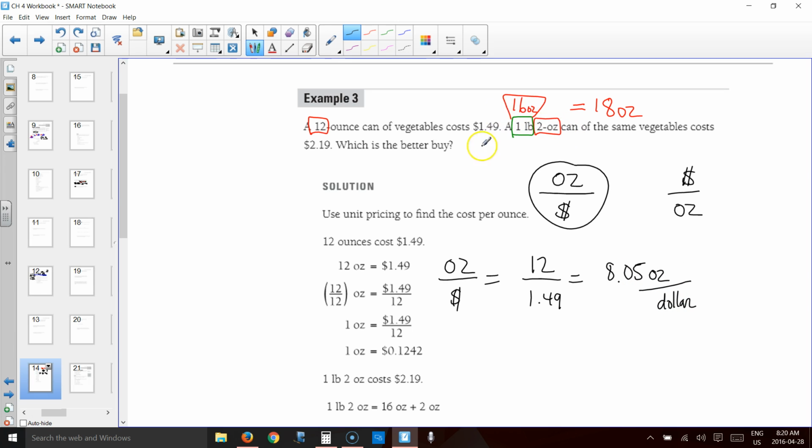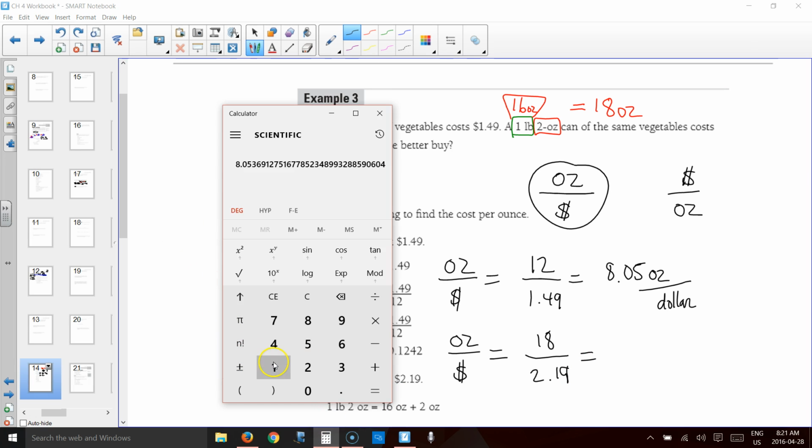The other one, let's try it. Our ounces per dollar are going to be 18 ounces for $2.19. So 18 divided by 2.19 gives us 8.219.